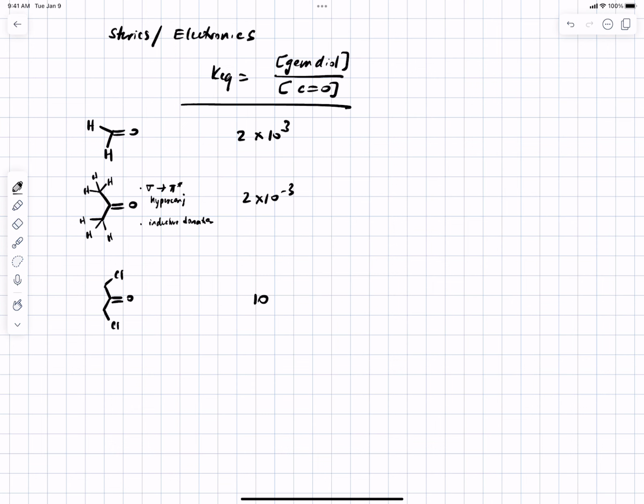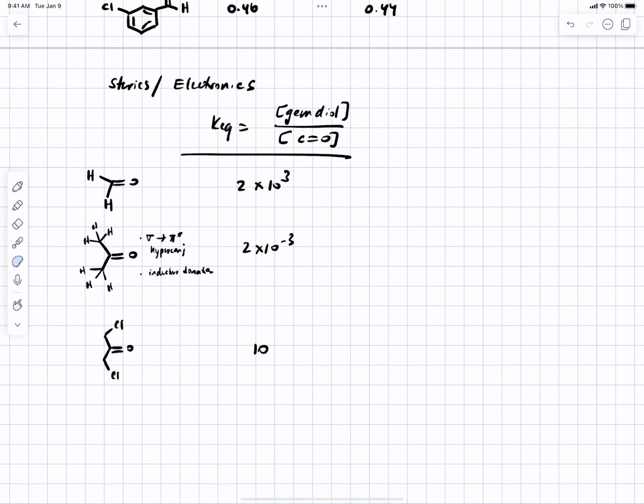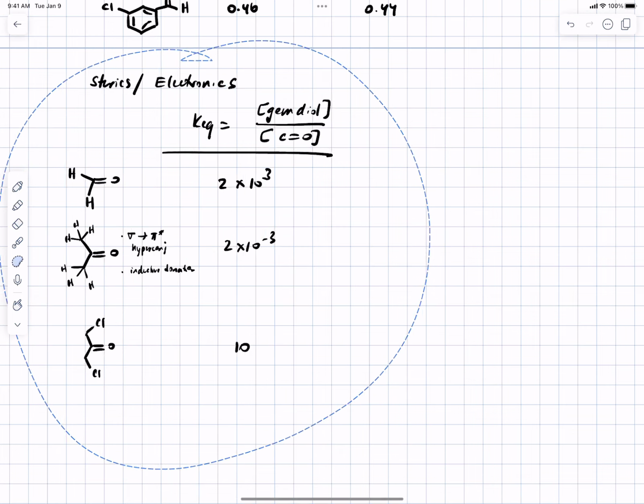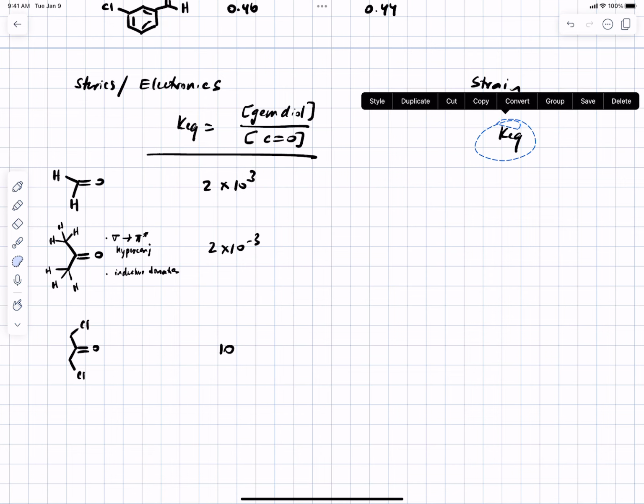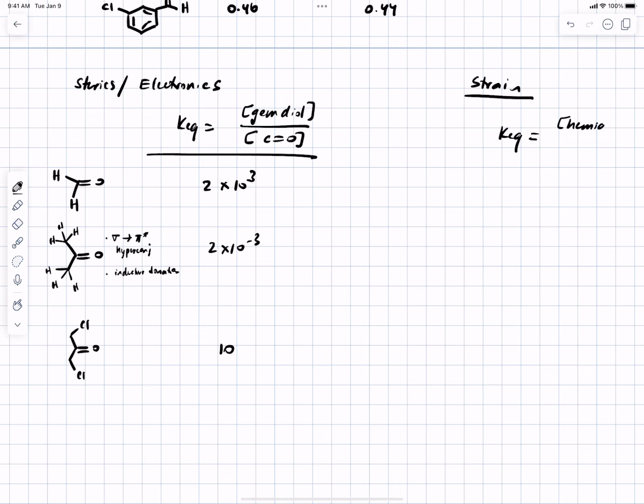Another issue is the issue of strain in carbonyl additions. We'll come back to carbonyl additions a little bit later, but while we're talking about hydration is a good time to think about this. The equilibrium constant I'm going to show you here is not for the hydration reaction, but for hemiacetal formation. So we're going to have at equilibrium the concentration of hemiacetal.